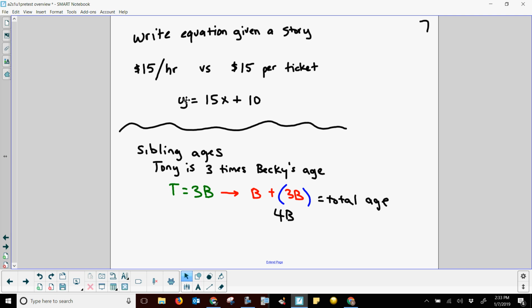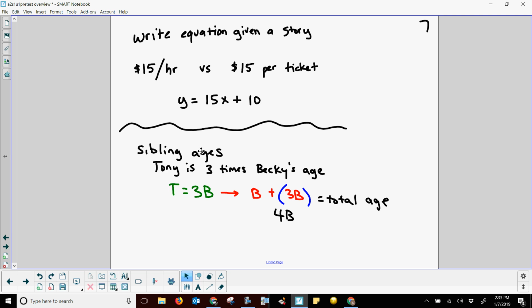Maybe y is your total take-home money, where you made $15 an hour for x amount of hours, plus a $10 tip that a customer gave you or whatever.